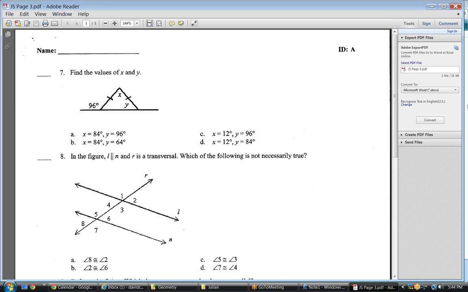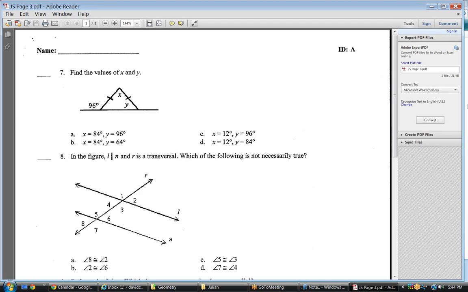So you have to find 180, right? So is it 180 minus 96? Well, what angle would that be equal to? In other words, geometry is all about subtracting from 180, and you have to do that over and over and over.